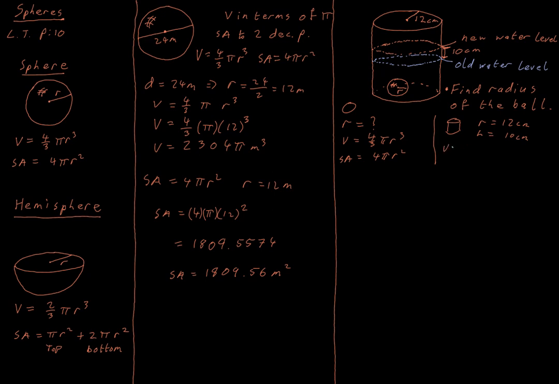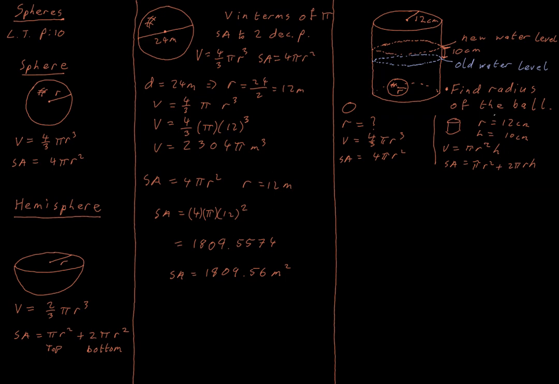And we know that the volume of a cylinder is pi r squared h, and that the surface area, actually this would be an open one, so we wouldn't have that, is pi r squared plus 2 pi r h.